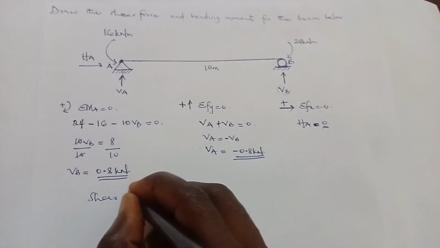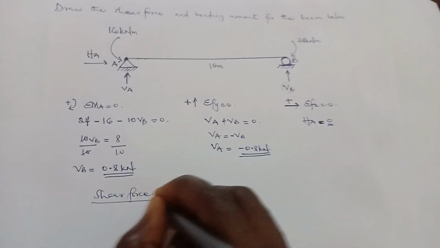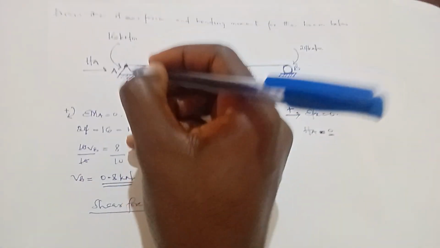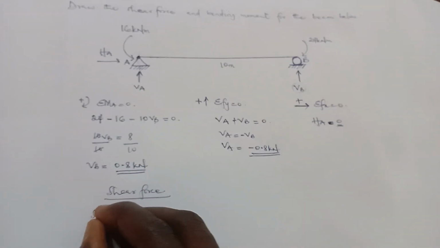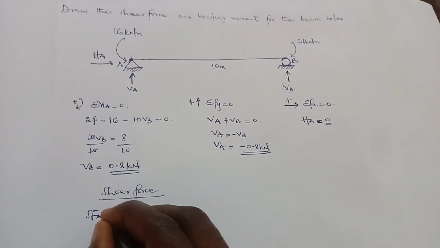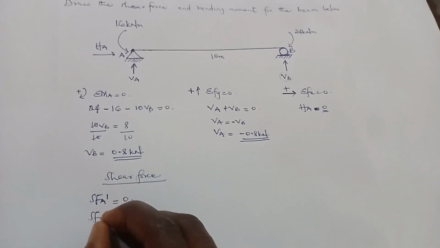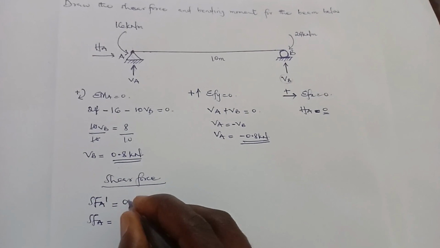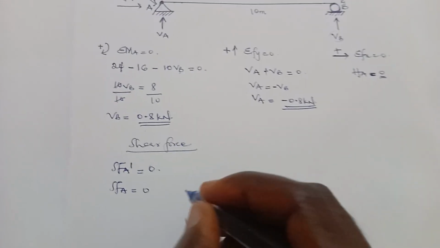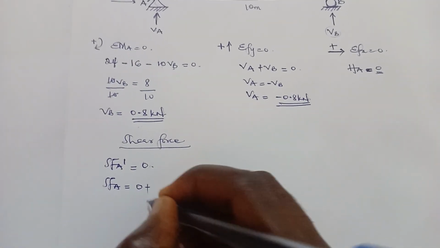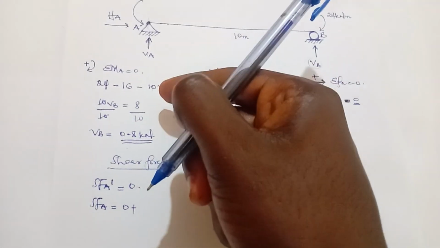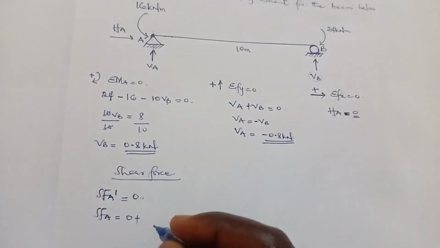So for the shear force, we calculate two shear forces at A. The shear force at A prime is equal to 0. And the shear force at A is equal to 0 plus VA, plus because VA is moving up.